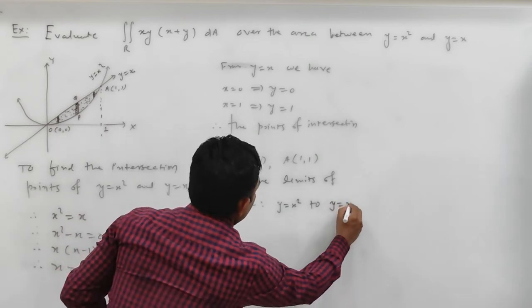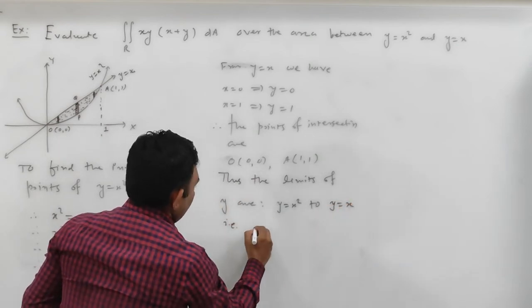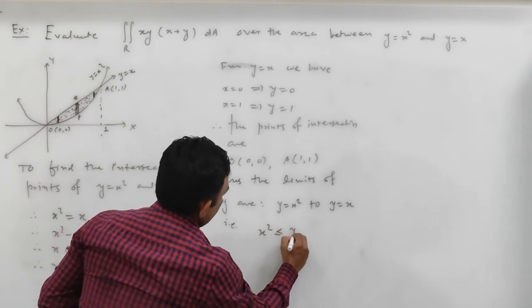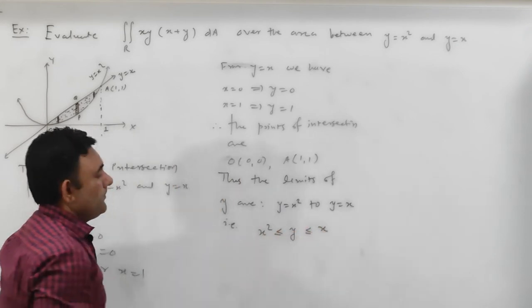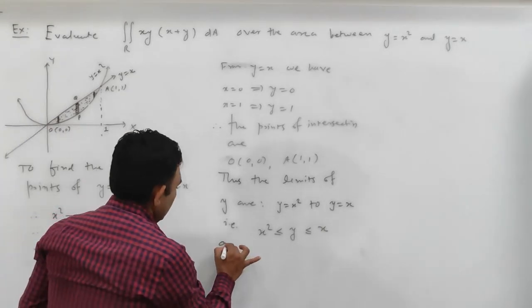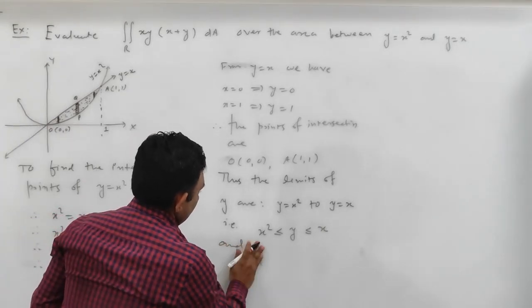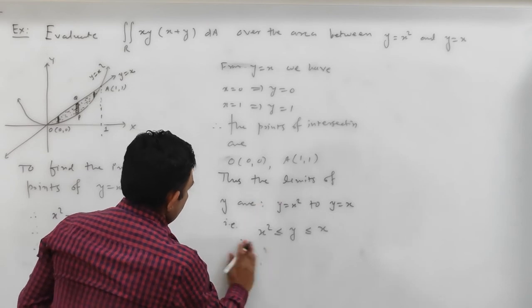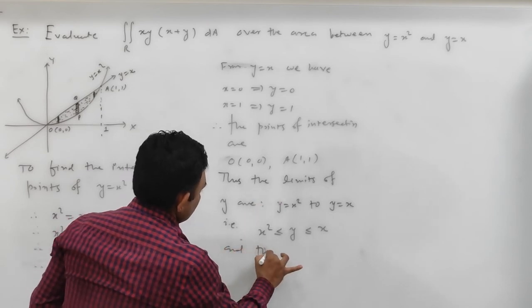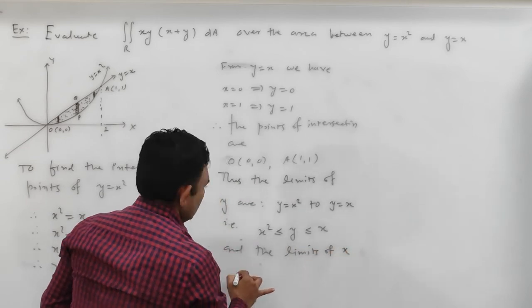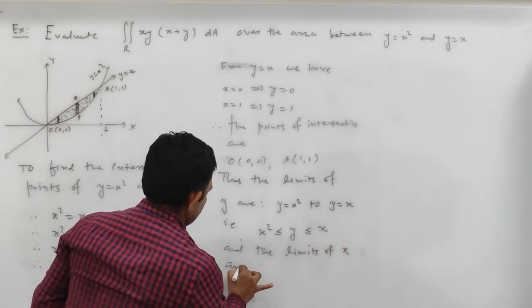So y varies from where to where? x square less than or equal to y less than or equal to x, and the limits of x are what?